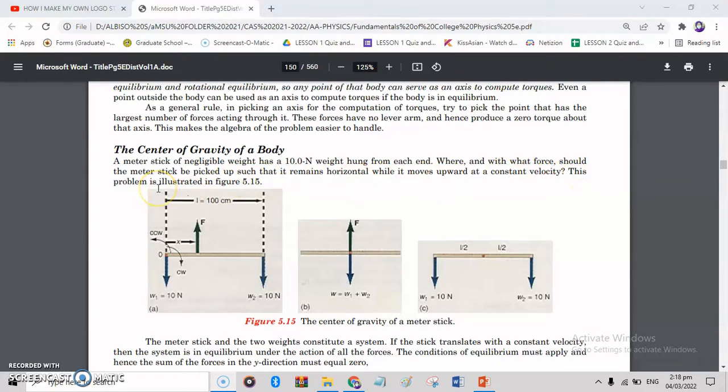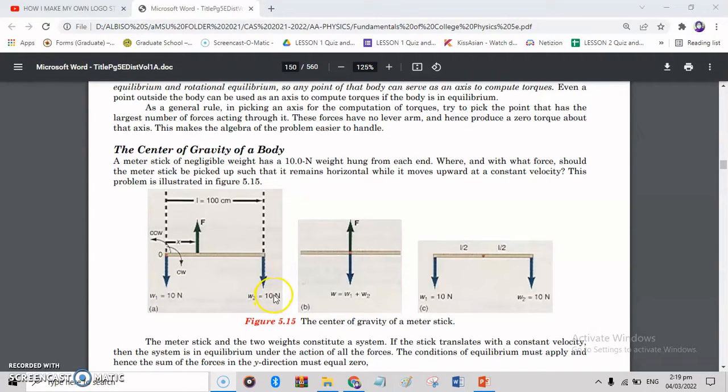This problem is illustrated in here. So there's this meter stick of negligible weight, meron siyang 10 Newton na weight hanging from each end.